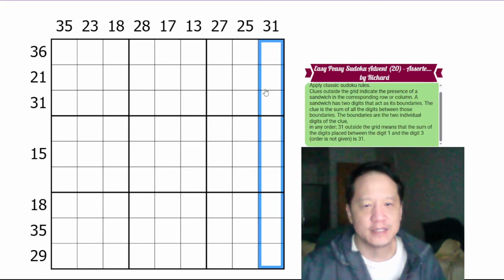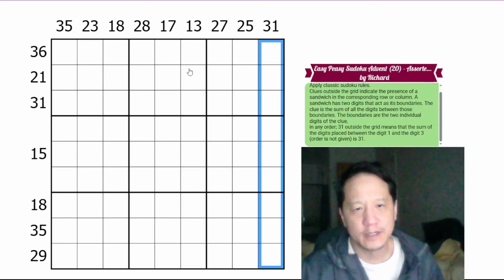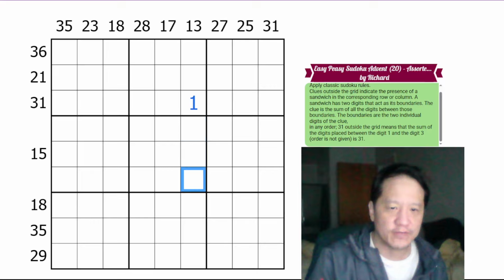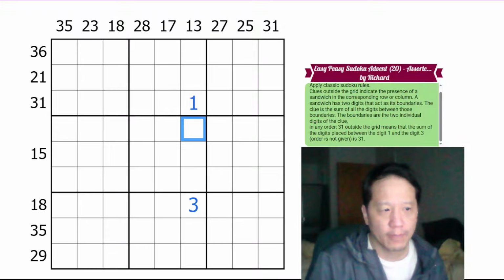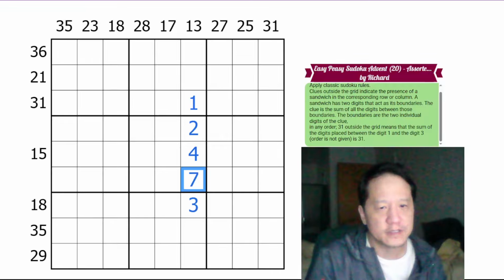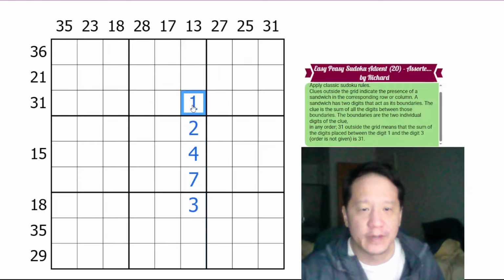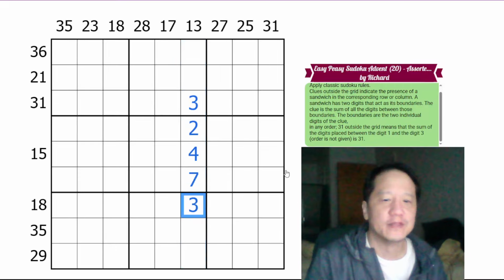So as an example, let's do 13 because that's easier to try to figure out. Say you had 1 and 3 here. And we had 2, 4, and 7 here. So this would satisfy, actually let's make this 3 and this 1.